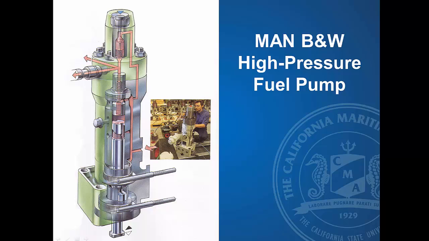One of the things that is very recognizable on this is that you have 2 racks. The lower rack will rotate the control sleeve to change the position of the helix and vary end of injection, or the amount of fuel delivery. The upper rack is variable injection timing.